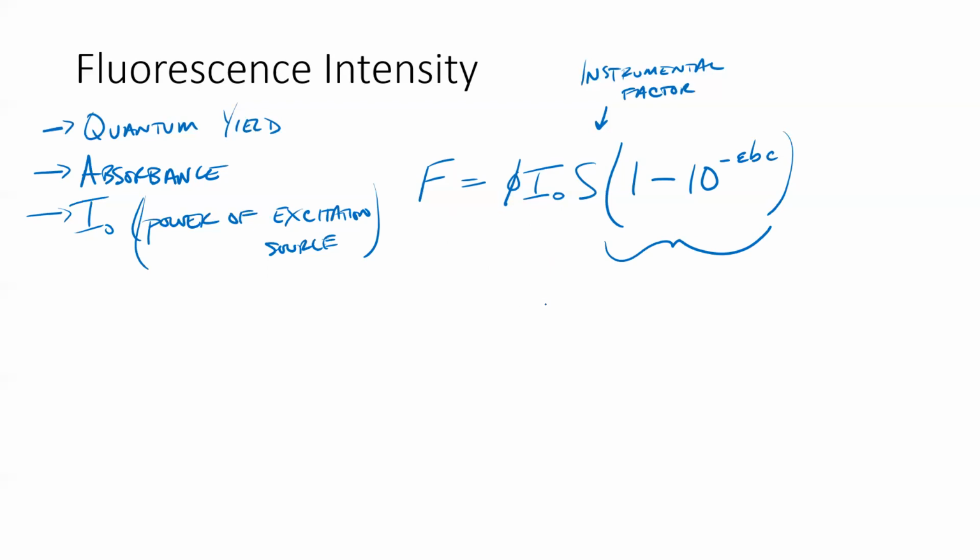But if we had 1 minus 10 to the negative 0.05 versus 1 minus 10 to the negative 0.5, who's got a calculator or a phone handy? Would the second one be bigger? Yeah, I sure hope so.